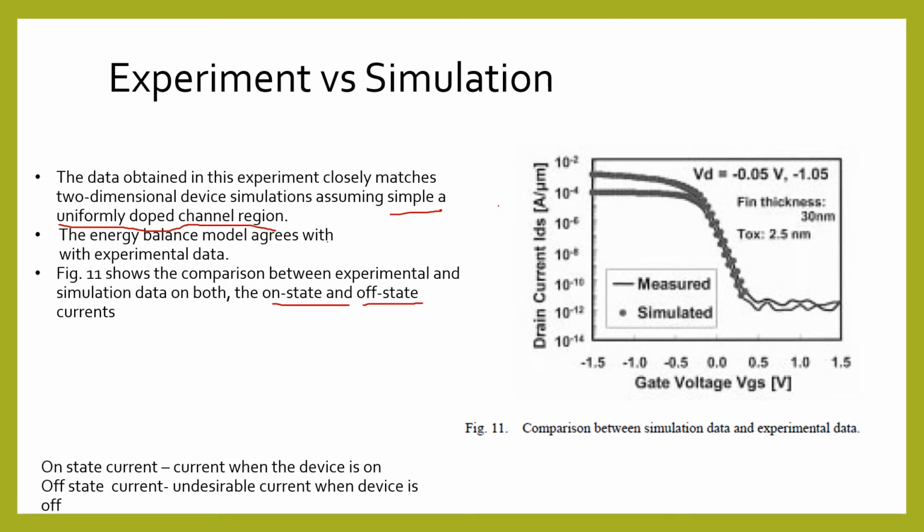On-state current is current which flows when the transistor is on, and off-state current is current which flows when the transistor is off. So in the ideal case, off-state current should be 0, but in real life we see that it's around 10 to the power minus 11 amperes, which is negligibly small and approximated to 0.